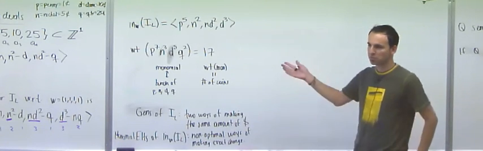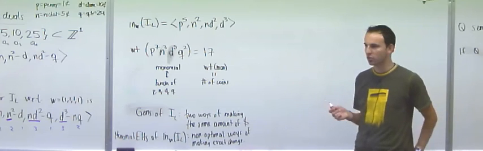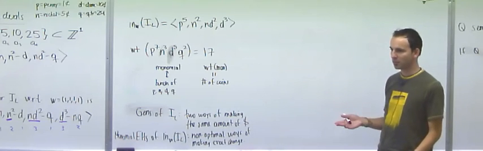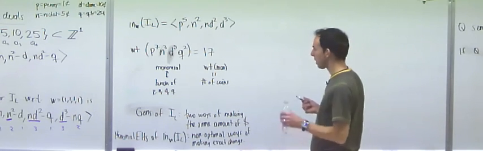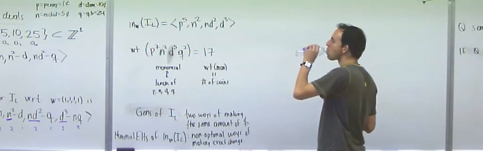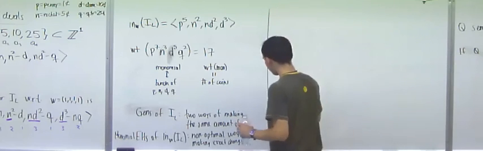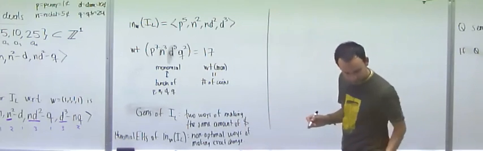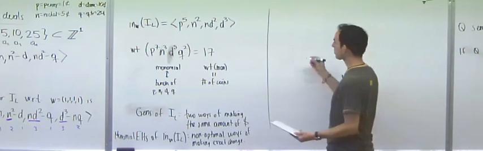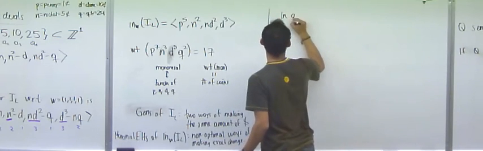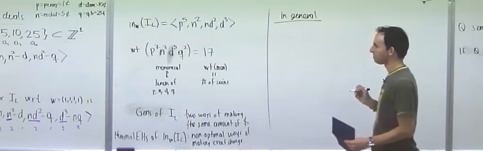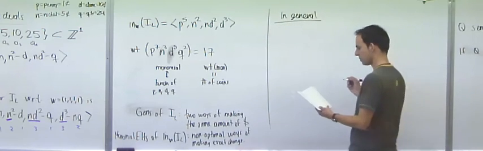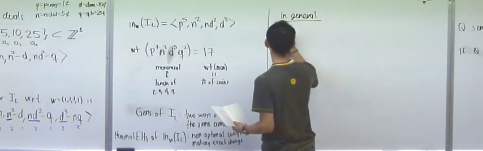And given this intuition, we can now make a theorem. And this theorem is true not just for this setup, but for any setup. Okay? So what am I doing in general? In general, I'm going to make a definition.